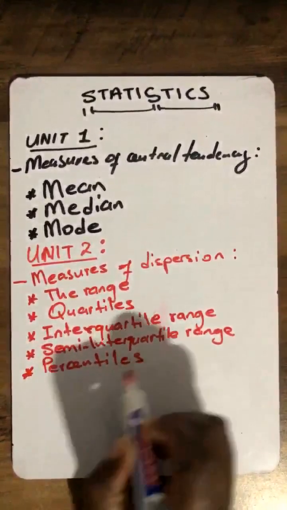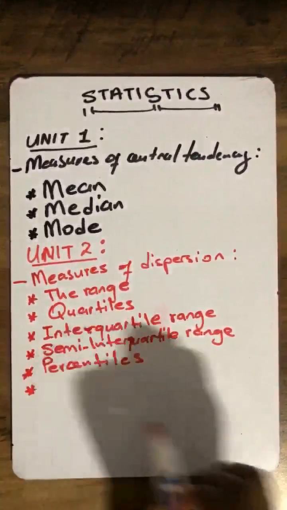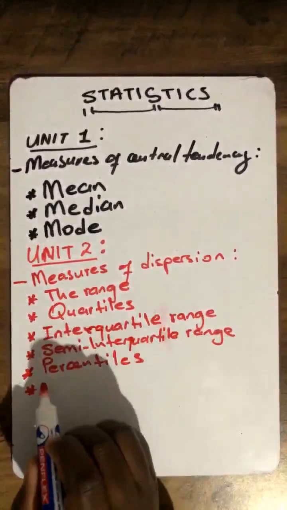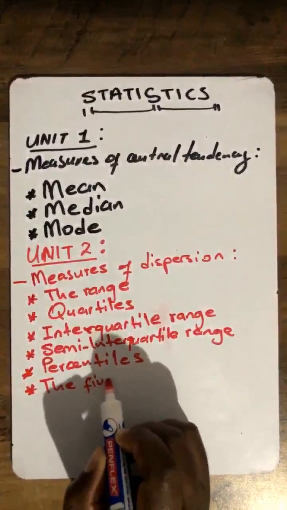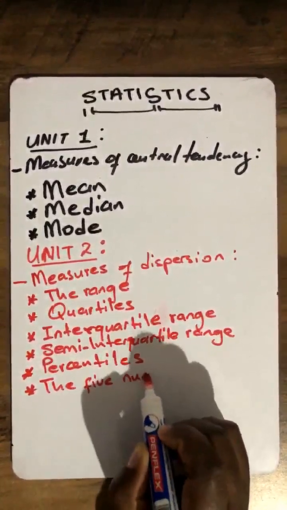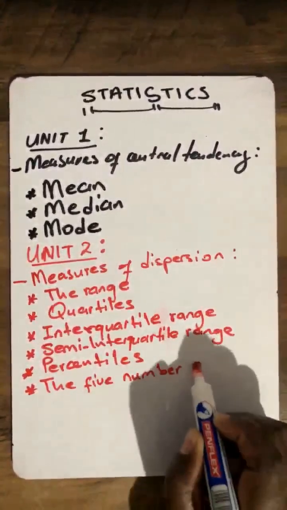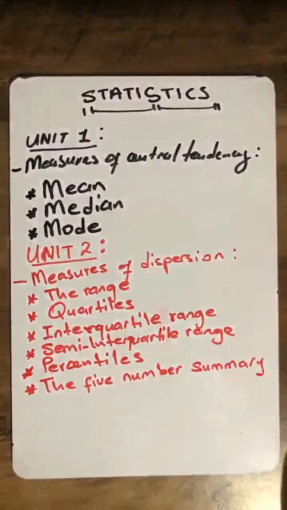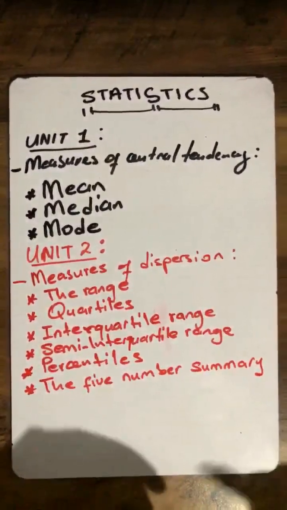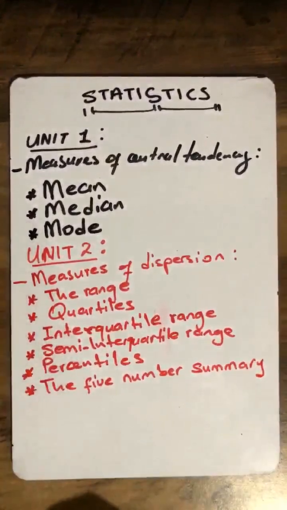This is where we talk about the percentages, but you might not need to worry that much about that. And most importantly, the 5 number summary. That's all that you need to learn under unit number 2.